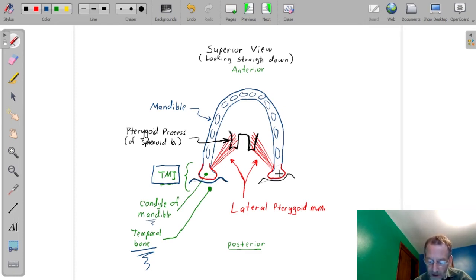So there's a joint right and left, and then here are the lateral pterygoids, and they are originating on what's referred to as the pterygoid processes of the sphenoid bone. Don't need to worry about those right now. Just appreciate that these muscles run more or less laterally from their origin to their point of insertion. And remember, the insertion is what's going to be moving, which is the mandible. So those are the lateral pterygoid muscles.